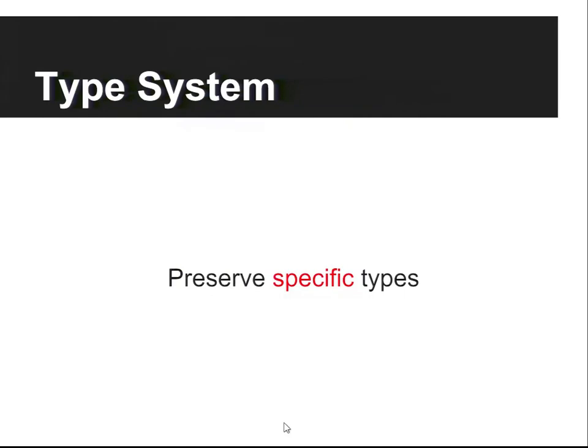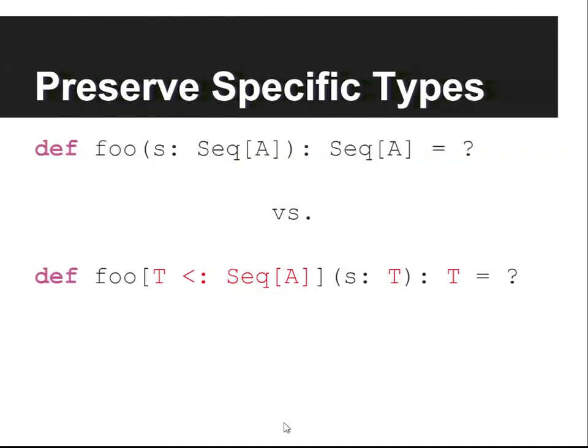There are other ways to preserve types in the type system. Here's a good example. If I take in a sequence and return a sequence, well, what if I pass in an ArrayBuffer? Shouldn't I return back an ArrayBuffer because I knew it was an ArrayBuffer when I took it in and manipulated it? Well, yeah, I should. So we add a type annotation to preserve what came in and return that same value.